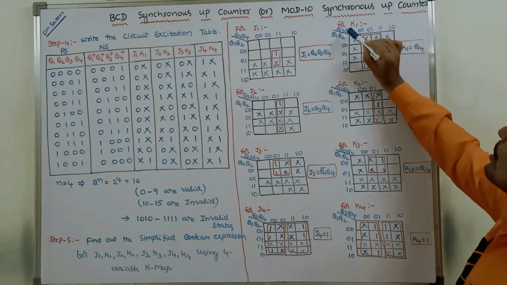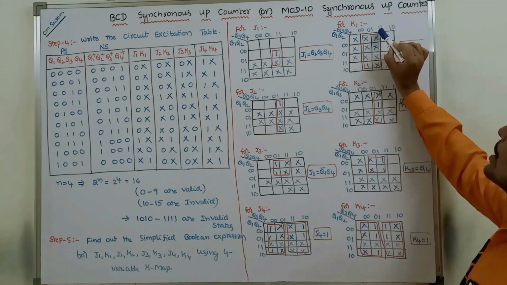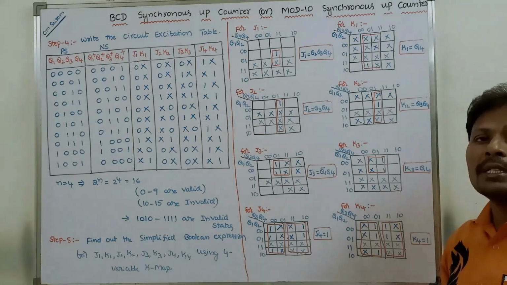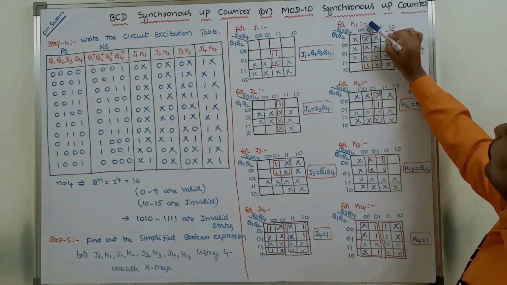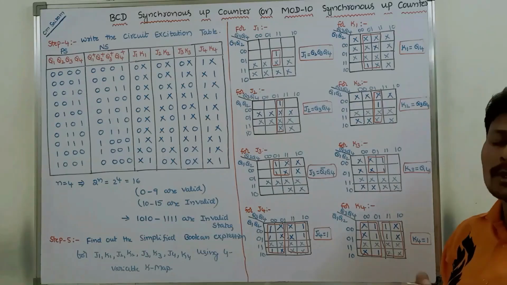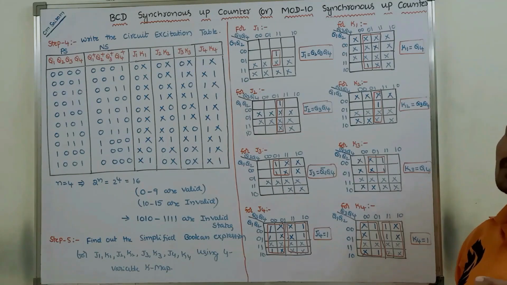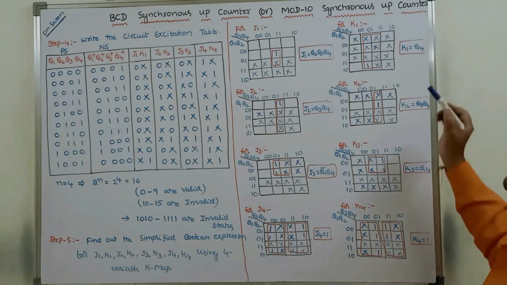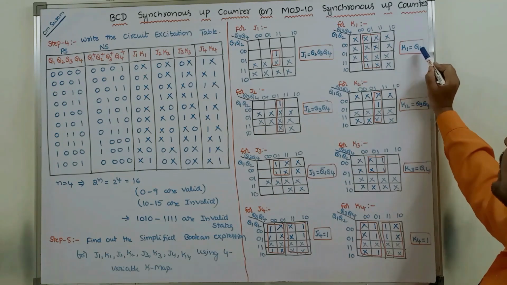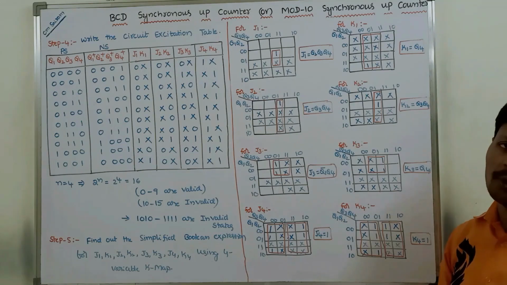The first digit belongs to Q3. It contains 0 and 1, both different, so we ignore them. The second digit belongs to Q4. It contains 1, 1, the same digits. We consider that Q4 value is 1, which is nothing but Q4. So the simplified expression for K1 is Q4.